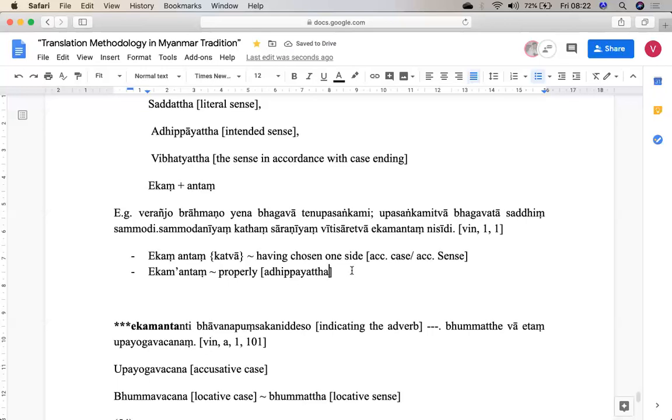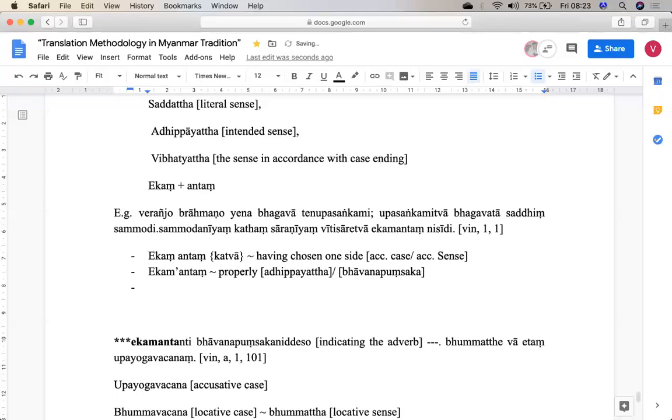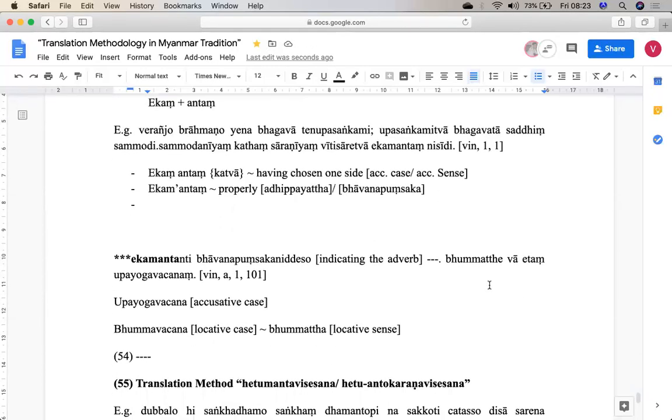And also, according to the commentary explanation, Bhava Nabosaka means adverb sense. And the last one is based on the commentary explanation here: Bhomate Etan Uba Yoga Vajanan. It is accusative case in the located sense. So that is fine.